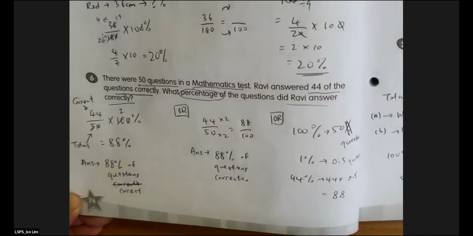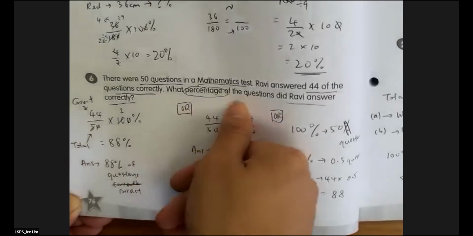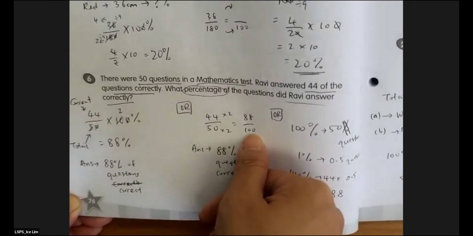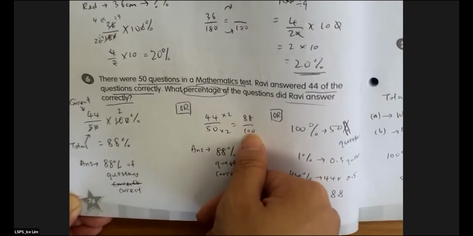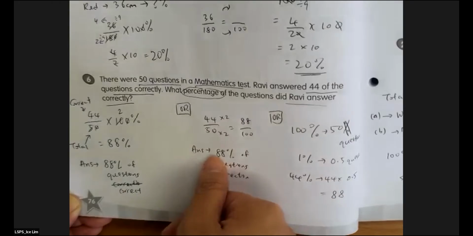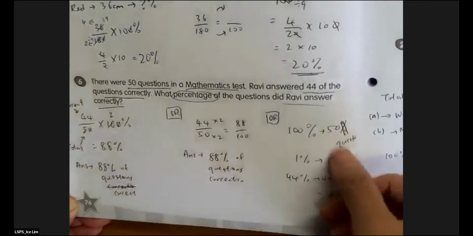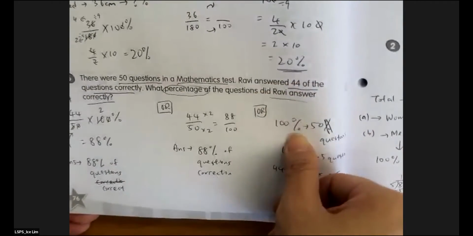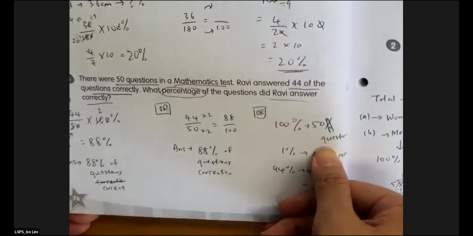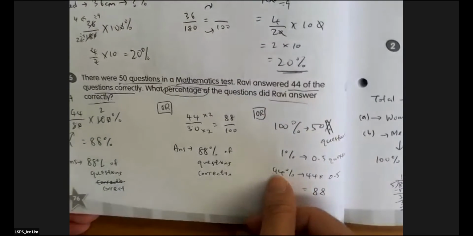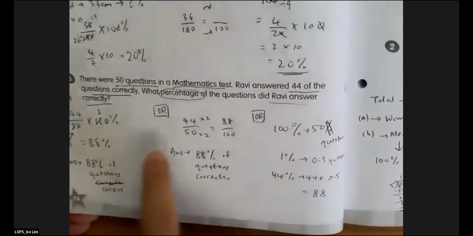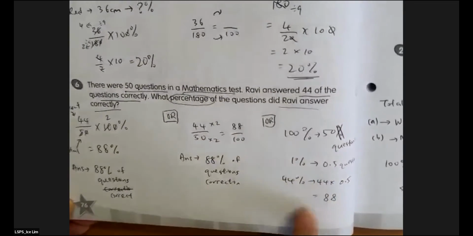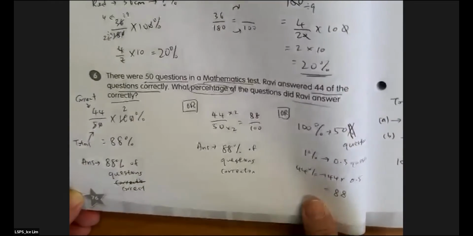Then on this method, changing that fraction to the base of 100, so you get 88%. Or using the idea of rate, if the full mark 100% is 50 questions, then what's 44? So there are three methods that we deal with, and there's a choice of preference.